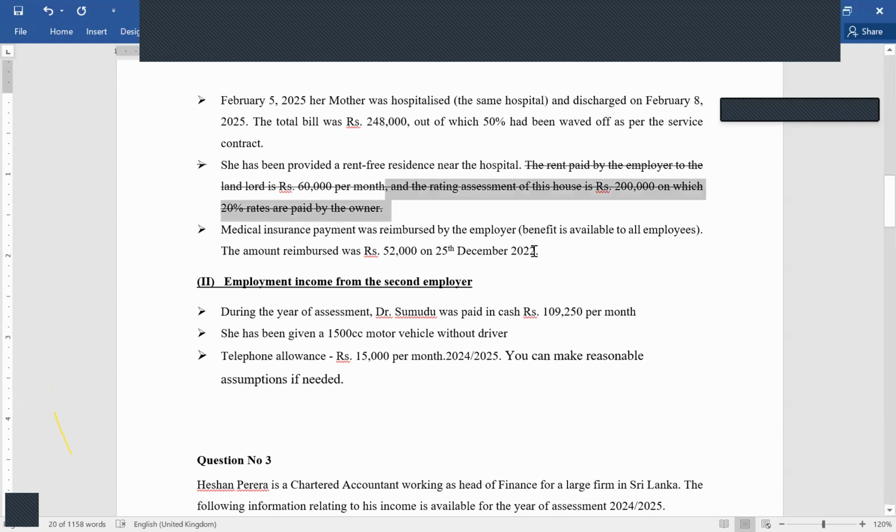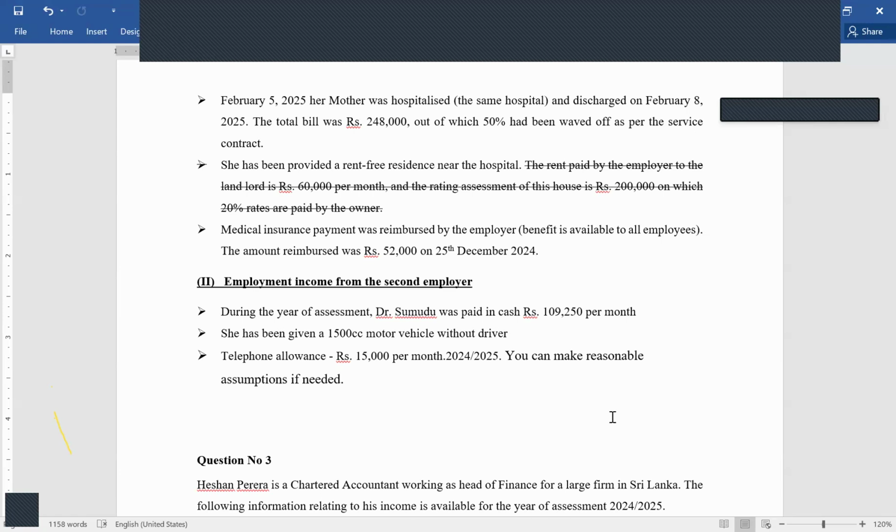Sorry, 2020. Wait, 2023. No, 2024. The amount was reimbursed on 2020, 52,000 on 25.